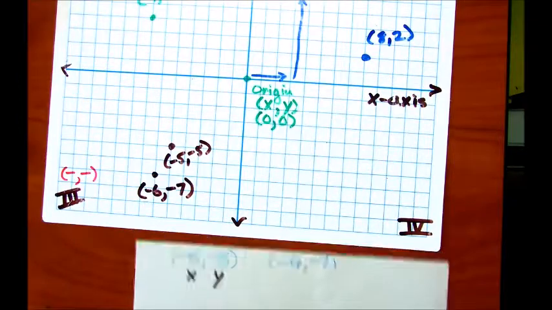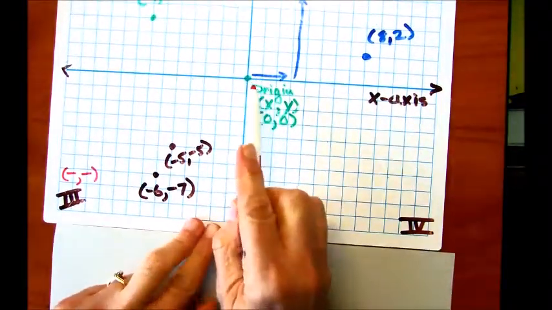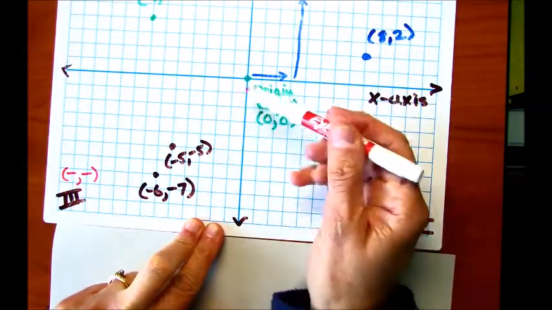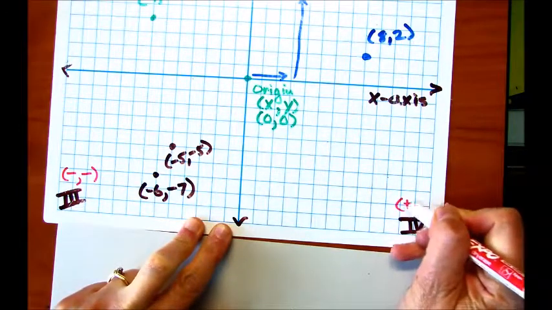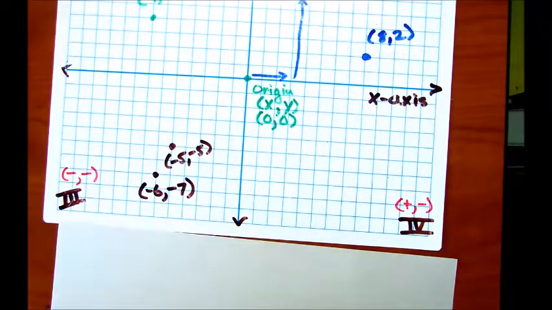And then the last quadrant, quadrant 4, notice that our x values are going to be positive, but the y values are going to be negative. So positive, negative. We should see those. So let's go ahead and do a couple. Let me find a different color. Let's do pink.